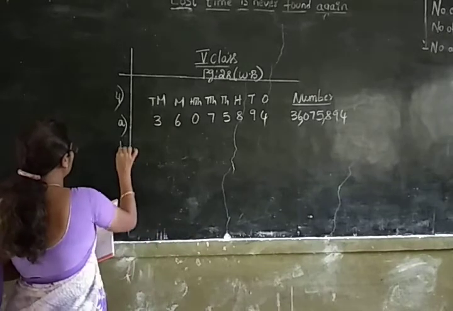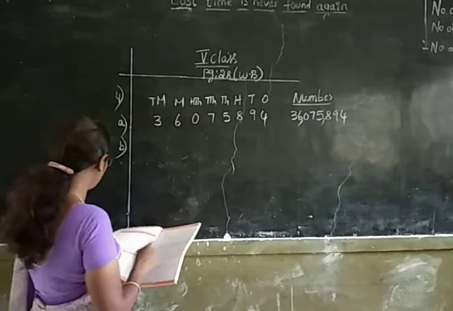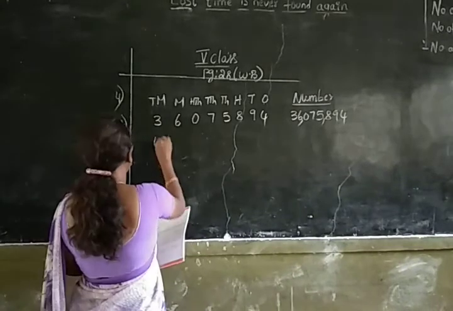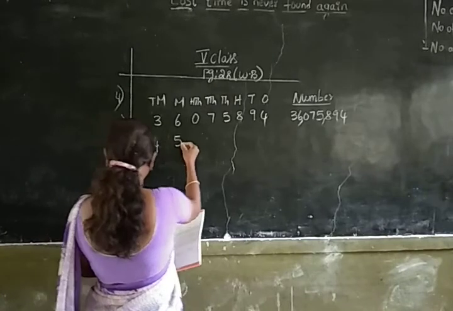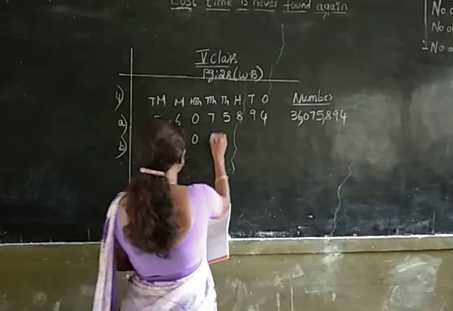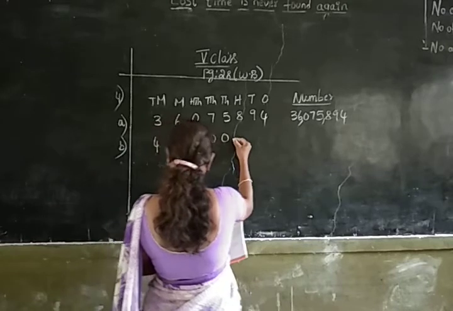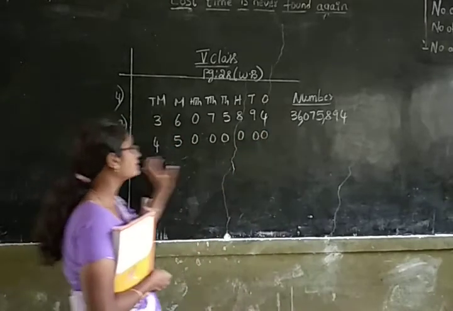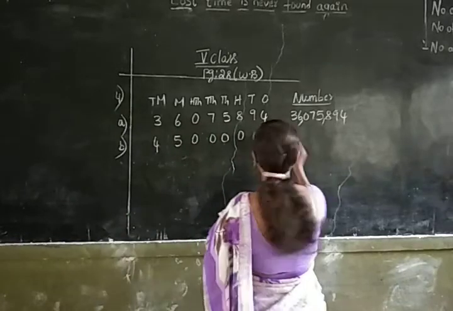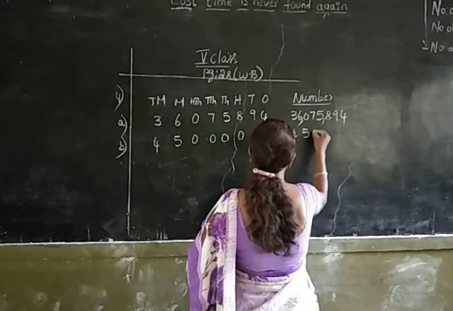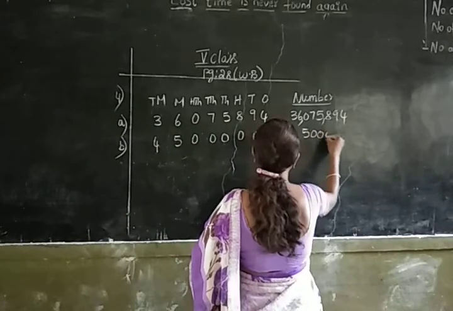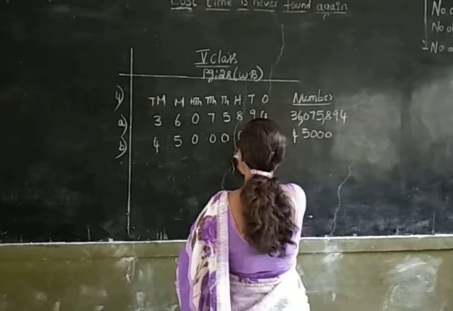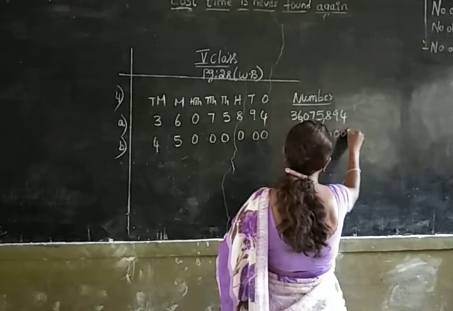Now let us do the B sum. 4, 5, 0, 0, 0, 0, 0. So first write all these numbers together here: 4, 5, 0, 0, 0, 0, 0.